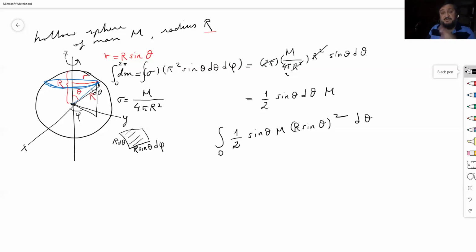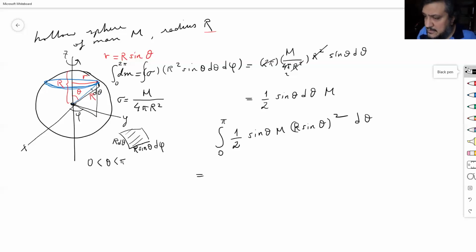Theta only changes between 0 and pi, okay? Not 2 pi. Be careful there. 0 to pi for theta, because you can always reach the other side using phi rotation. So this is only from 0 to pi. Okay, so we're integrating basically over sine cubed.